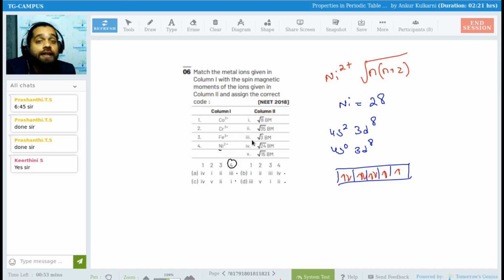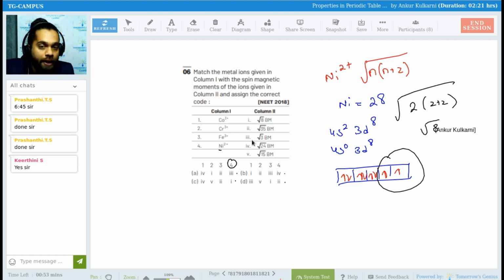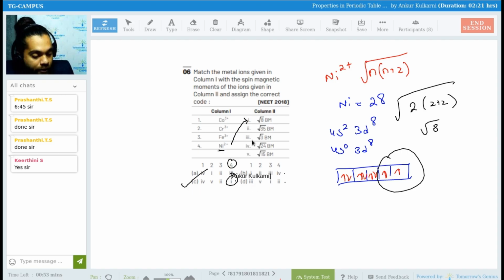In the formula, this n is not the number of electrons, it is the number of unpaired electrons. And how many unpaired electrons do we have? We have 2 unpaired electrons. So 2 plus 2, that is root of 2 times 4, root 8. So Ni2+ is root 8. Where is it? Yes, option C.